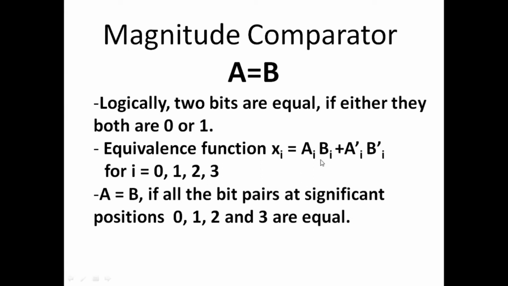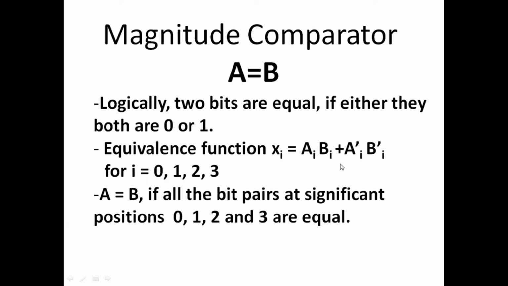For example, let's suppose ai and bi are both 0, then this term would result in 0 because ai dot bi, 0 dot 0, is 0, plus, which is the logical OR operator, ai prime bi prime, this would give 1 because ai is 0, so ai prime is 1, bi is 0, so bi prime is 1 again, so 1 dot 1 is 1.